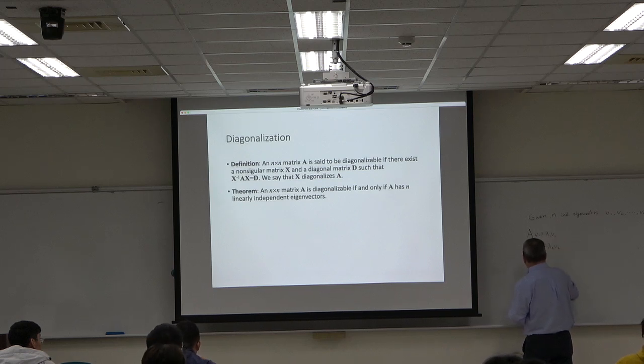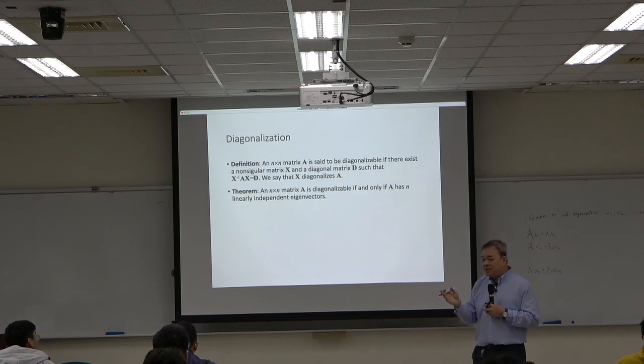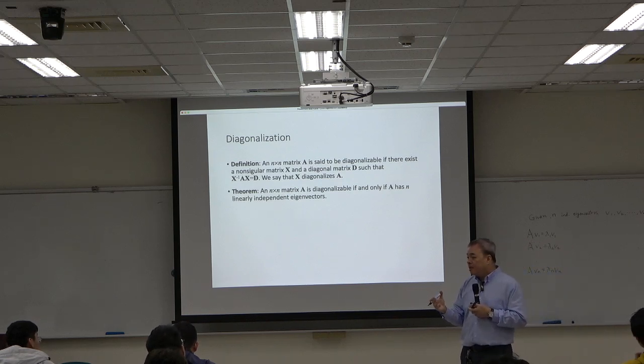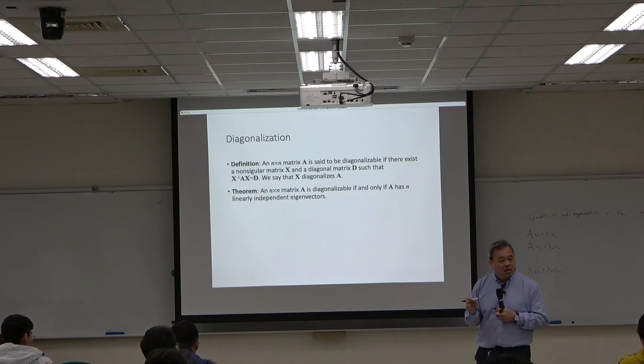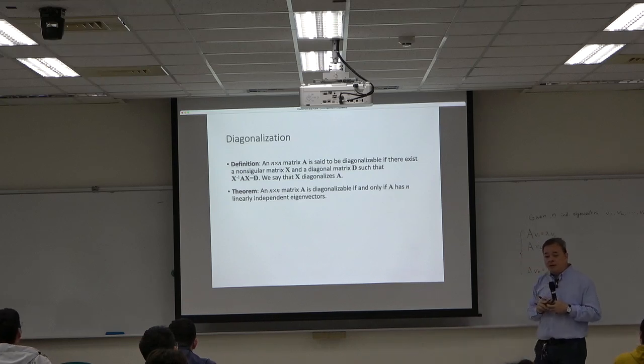A vn equals lambda n vn, right? We have this. They are eigenvectors, so they have corresponding eigenvalues. So far so good, right?